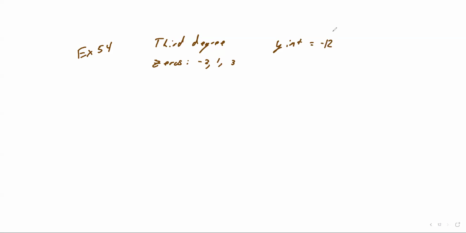Just so you are aware, the y-intercept is always the constant, so negative 12 should be my last number when I do this work. But let's start with just the zeros. This is going to be x plus 2, because it's x minus c, which just changes the sign, then x minus 1, x minus 3.